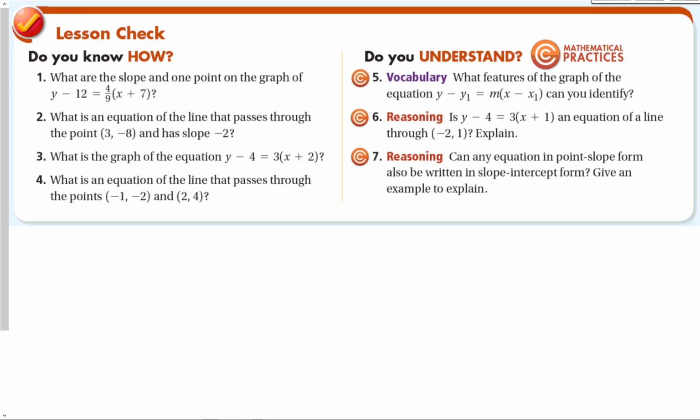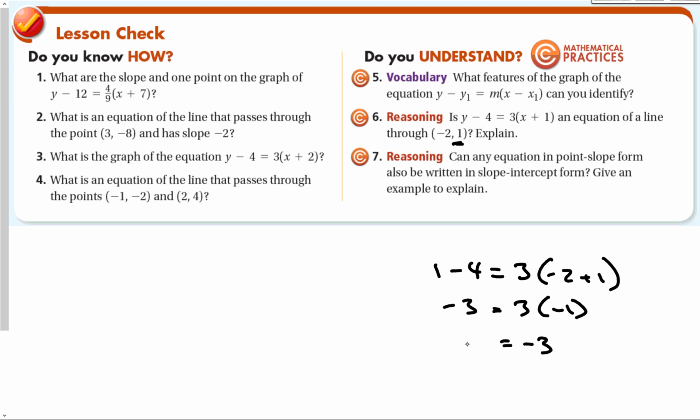I did it backwards, that's why it didn't look like it was going to work. So y is 1, minus 4 is equal to 3 times negative 2 plus 1. Much better looking. That's negative 3. Negative 2 plus 1 is negative 1, 3 times negative 1 is also negative 3. So this does work. It is a point on that line.